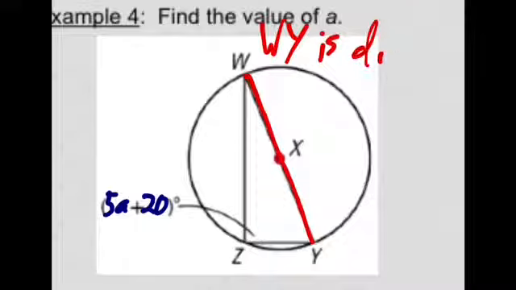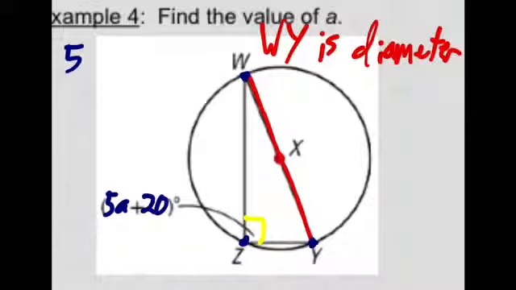Diameter. That's a diameter, right? And so we have our inscribed angle. Its vertex is right there, and the endpoints are on the diameter. And so, what is the measure of this angle right here? 90. Good. And so, how would you set up this equation? Good. 5a plus 20 equals 90.